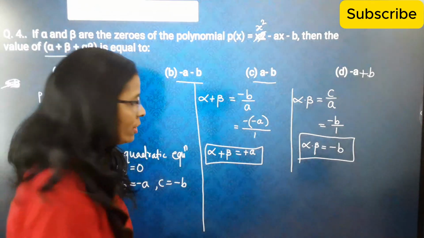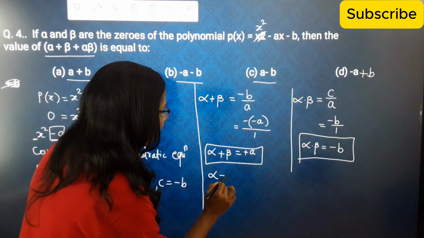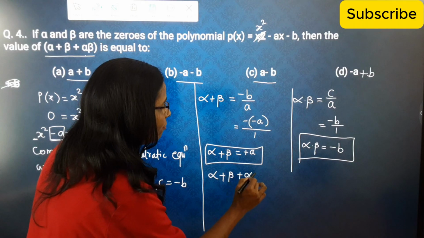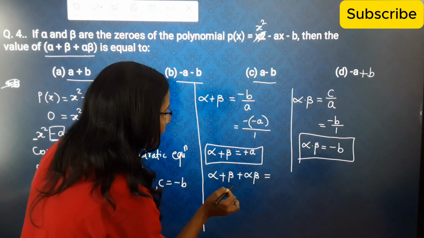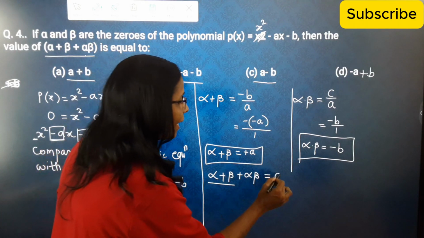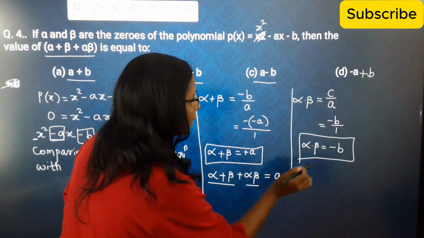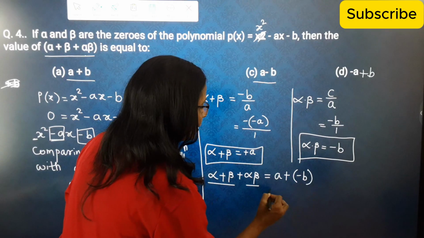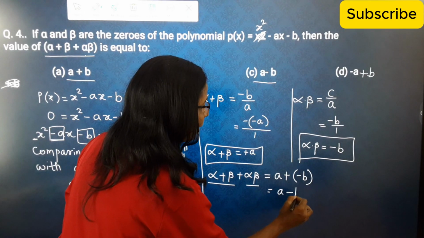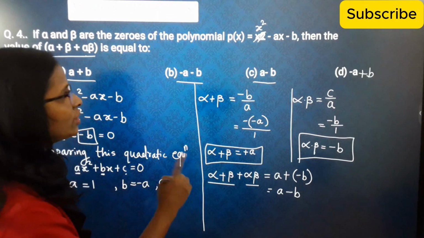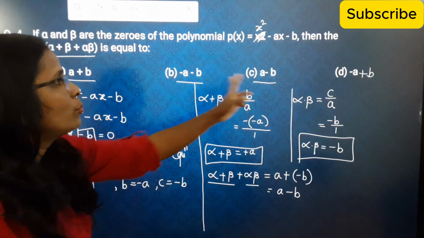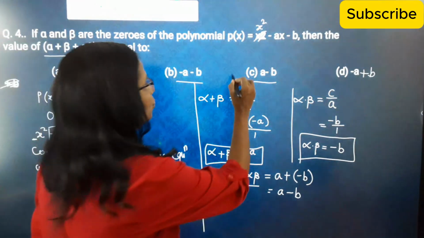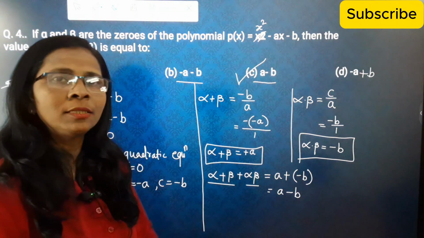Now we want to find the value of alpha plus beta plus alpha beta. Alpha plus beta is a and alpha beta is minus b, which is equal to a minus b. So which option is correct? The third option is correct, students, that is a minus b.